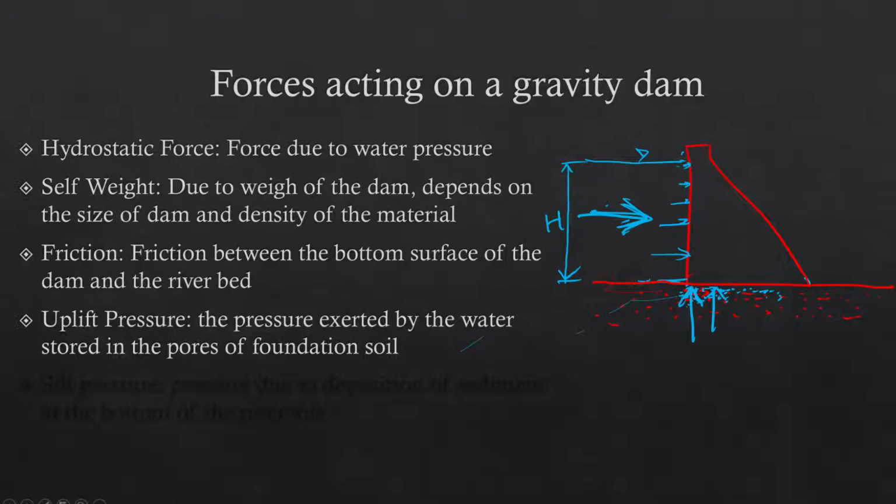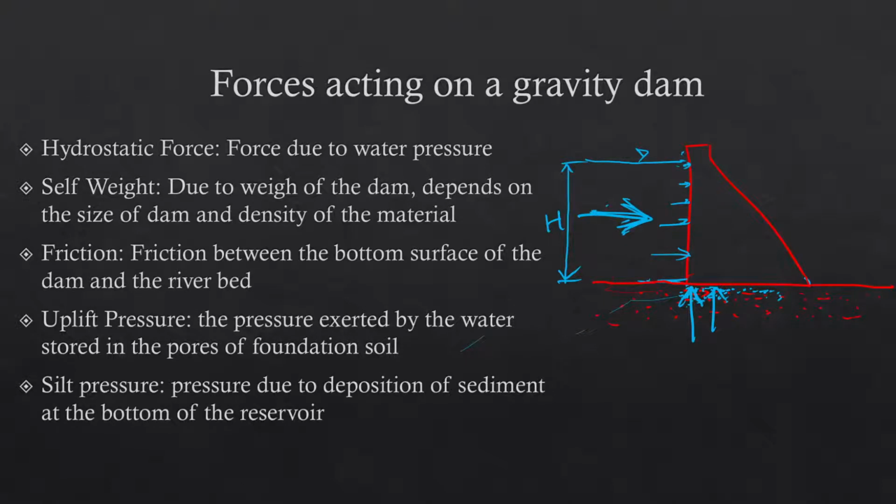Then comes another force which is due to the silt pressure, or the pressure due to the sediments, and that will be because of the sediments deposited at the bottom of the reservoir.